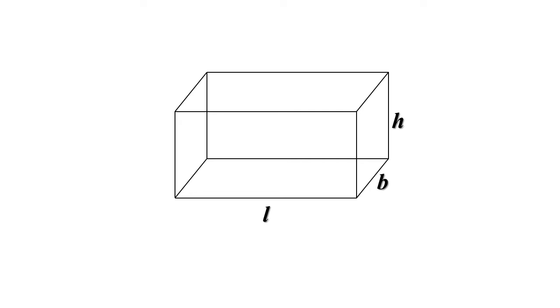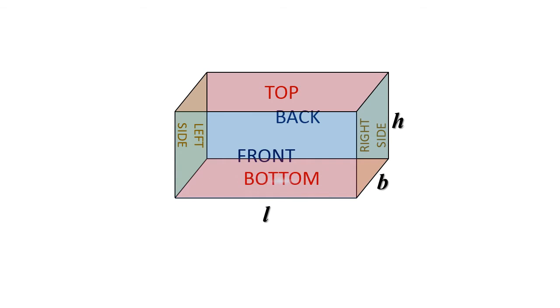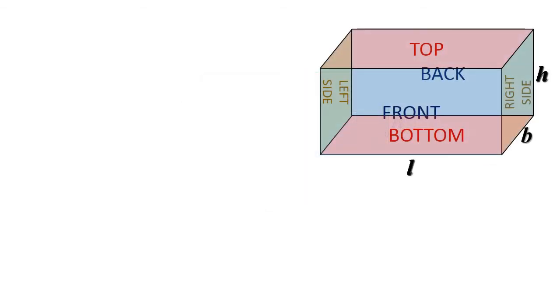Now let us take a cuboid with length L, breadth B and height H and see all 6 different faces of the cuboid. Now we will take two rectangles of the same size together.